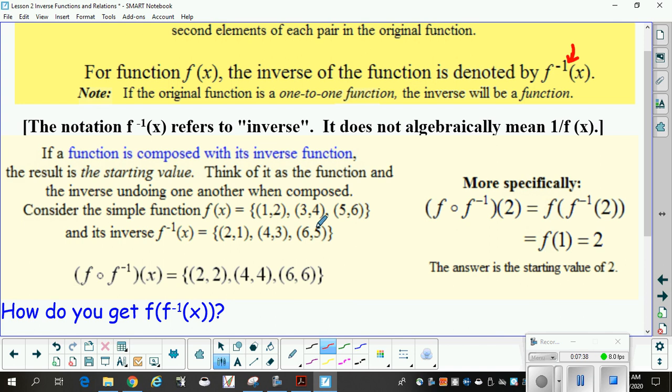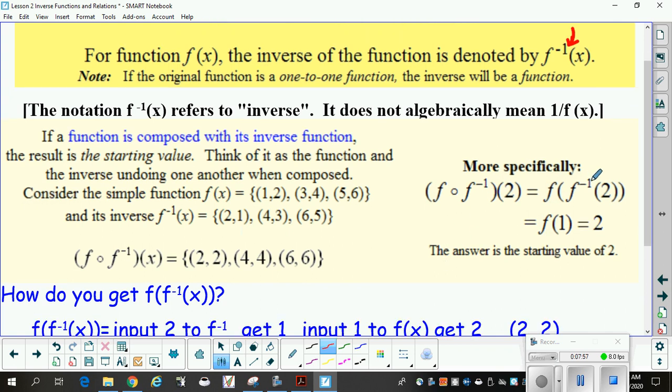So we want to prove to ourselves, algebraically, using compositions, that they are inverses. So f of f to the -1 of x. F of f to the -1 of 2. Well, remember that f to the -1 of 2 means 2 is going to be my input.